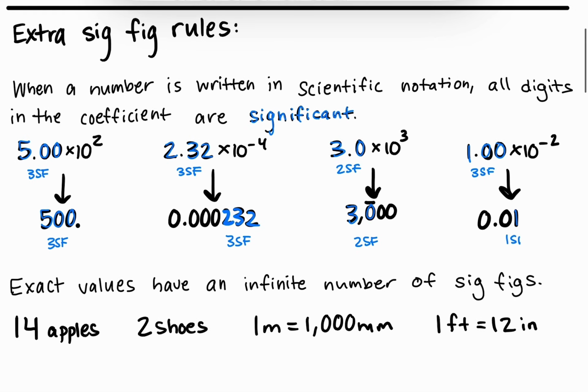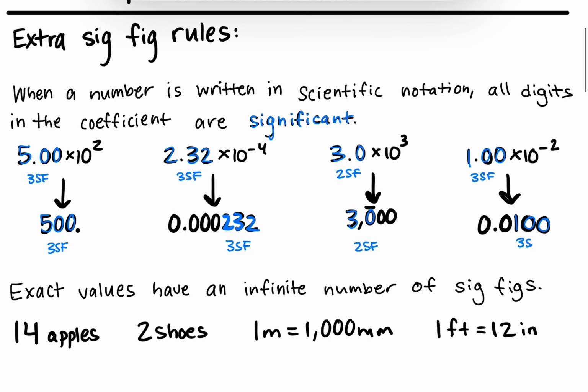So this value would only have 1 sig fig, but we know that we have 3, which means we're actually going to write out the extra zeros after that 1. So we'll have 0.0100. And since these are trailing zeros after the decimal, they are significant, so this value also has 3 sig figs. So that's the scientific notation sig fig rules.